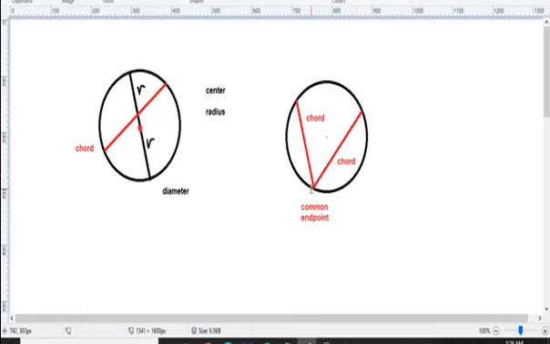Something like that. So the vertex of the angle is on the circle. The vertex of the angle is a point on the circle, and its sides are chords of the circle.